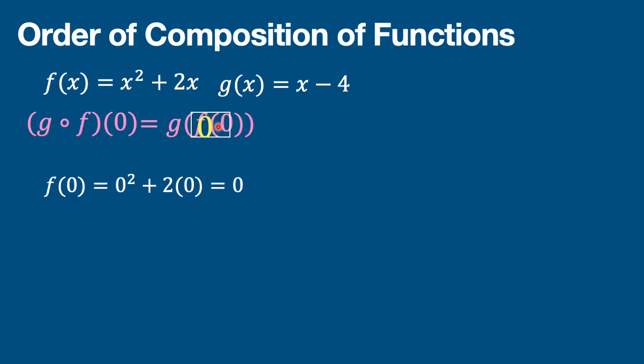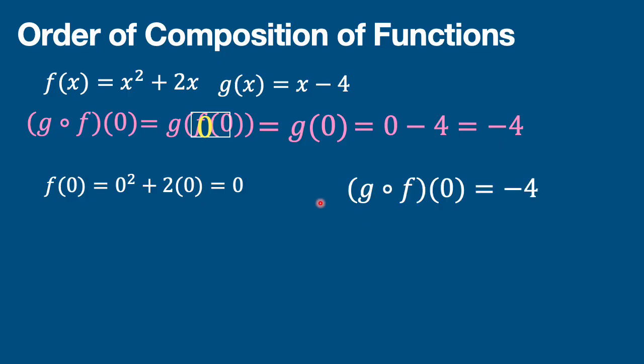So you have g of 0. You evaluate this function. You have g of x, x minus 4. So x equals 0, you plug into the function g. That's 0 minus 4 equals negative 4. So now we have g of f of 0 is negative 4.